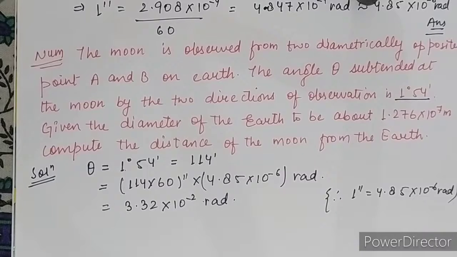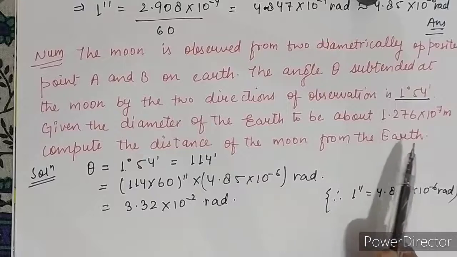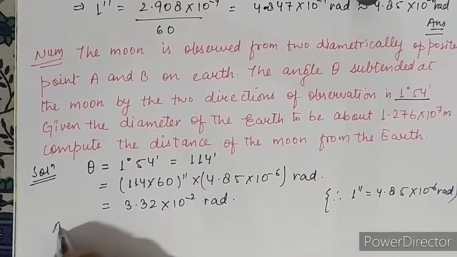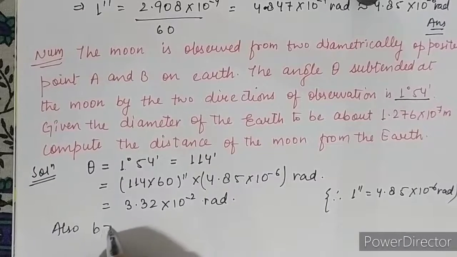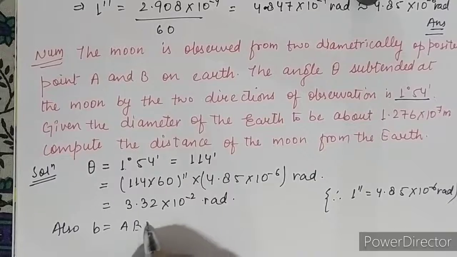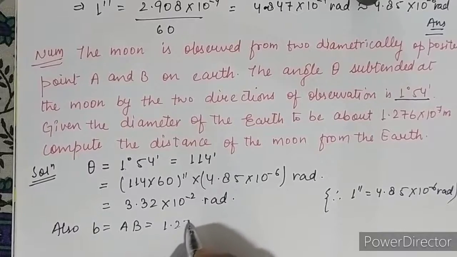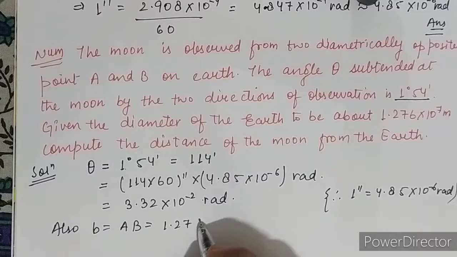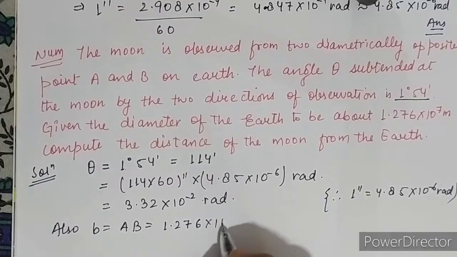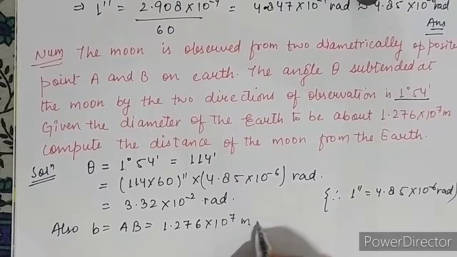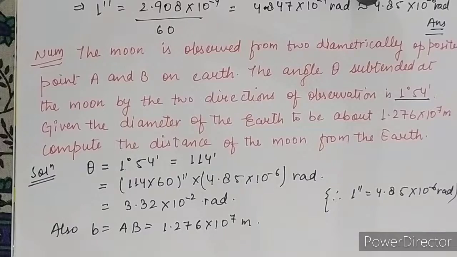Now the AB distance is given. The basis AB is equal to 1.276 into 10 to the power 7 meter. Now we have the formula, beta, that we have to utilize.